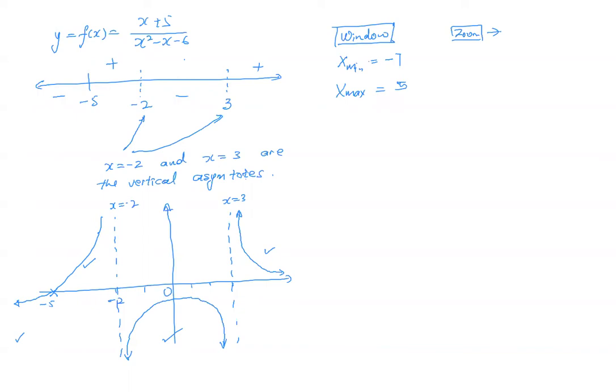Okay. Can you try to find the coordinates of this turning point? Practice what you have learned. That is a maximum. This is called local maximum. So is it x0, y0, -0.9?